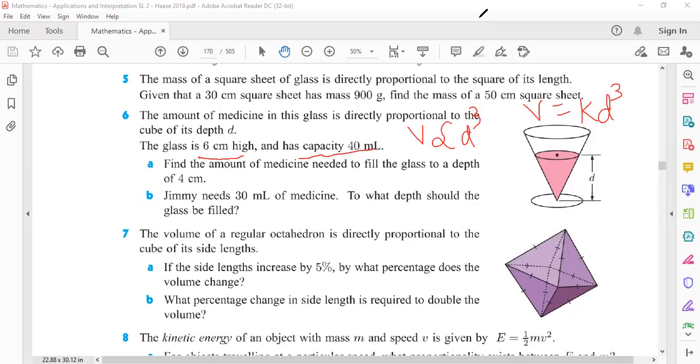Yes, sir, the answer. What is the answer for 6A and 6B? 6 is 345.6 millimeters. No, it's 11.96. One second.